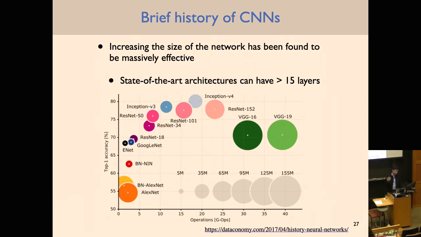State-of-the-art architectures can have many, many layers. I put greater than 15 layers, but that's arbitrary. These numbers keep increasing year on year. This is showing the top-one accuracy for image classification on ImageNet compared to the number of operations.